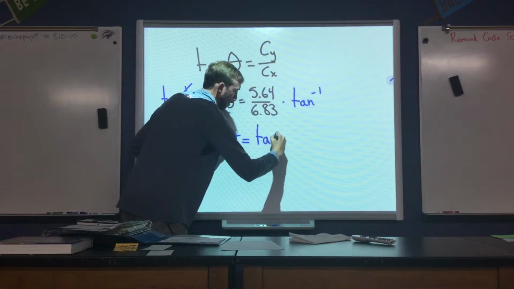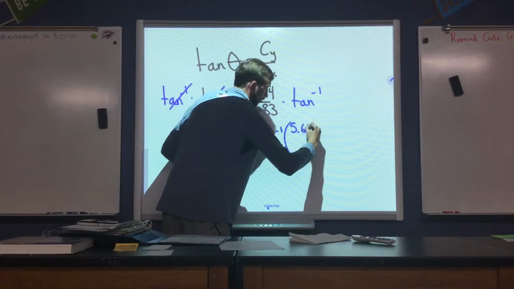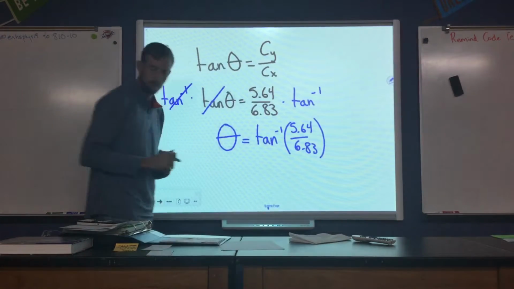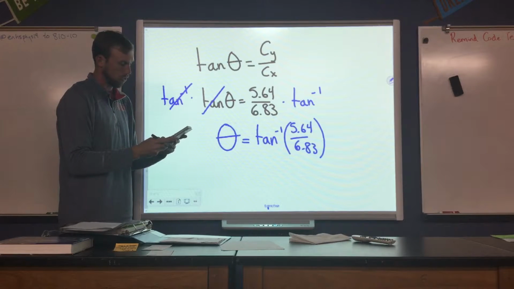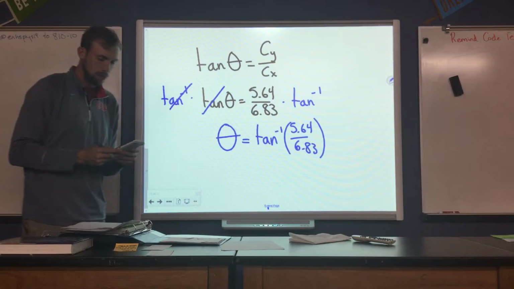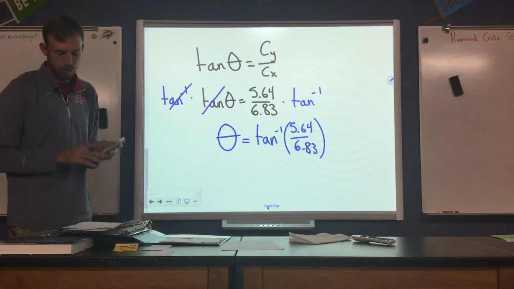That is equal to the inverse tangent of 5.64 divided by 6.83. Okay, so here we go. Inverse tangent, 5.64 over 6.83. Again, making sure we're in degree mode, we should get approximately about 39.5 degrees.